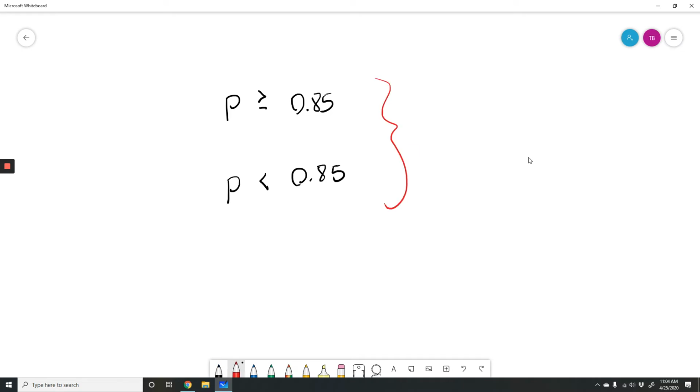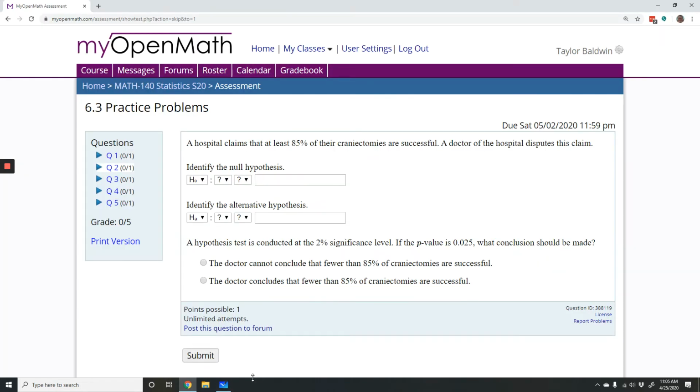These are our hypotheses. Okay, since this one has an equal to and it's greater than or equal to, that's our null hypothesis. Since this one is just less than, doesn't have an equal to in it, that's our alternative hypothesis.